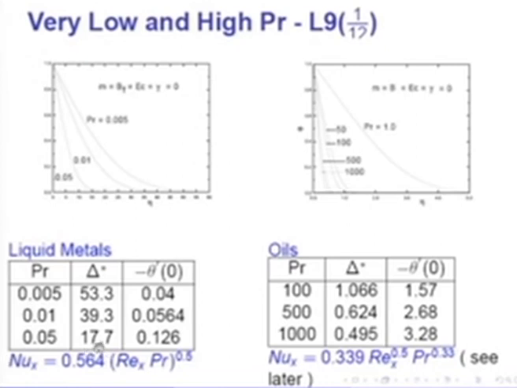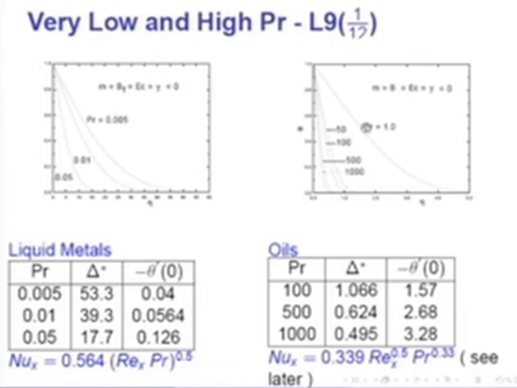So, as the Prandtl number is reduced, the thermal boundary layer thickness goes on increasing, with a lower temperature gradient. If I were to correlate this theta prime 0, it would be correlated reasonably well by this correlation: Nu x is equal to 0.564 Reynolds x Prandtl to the half.